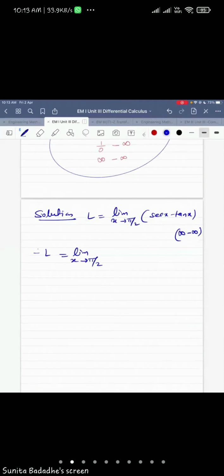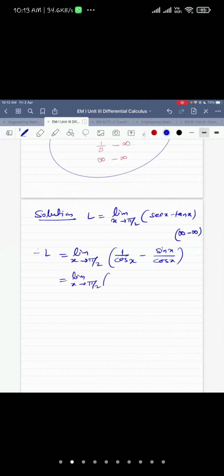Okay, so convert it to sine and cos, right? So it will be 1 upon cos x minus sin x upon cos x. Again, it is infinity minus infinity, but then do we have to cross multiply the terms? Just a minute, the denominators are same.